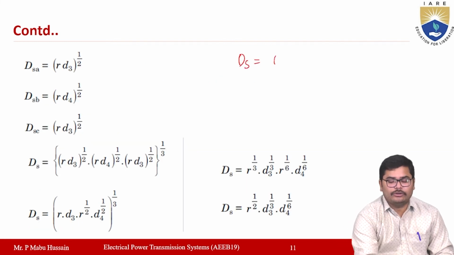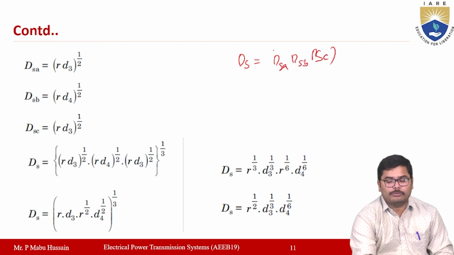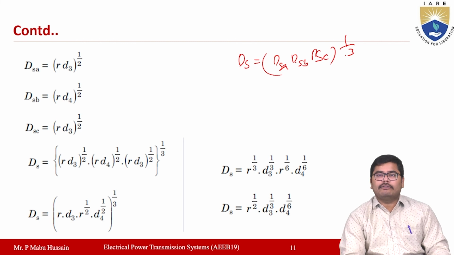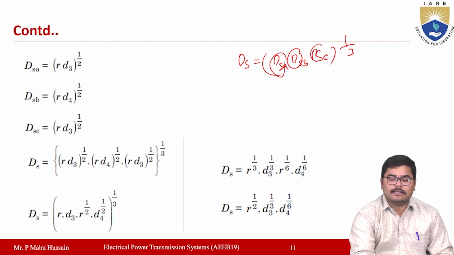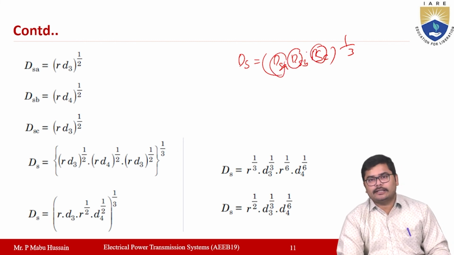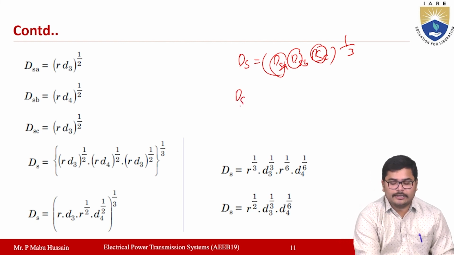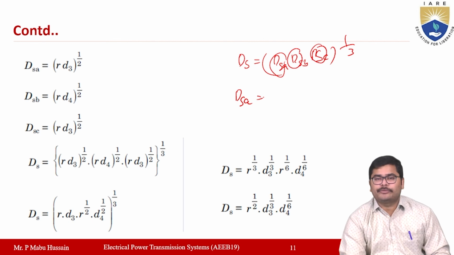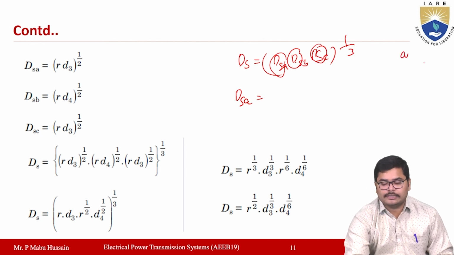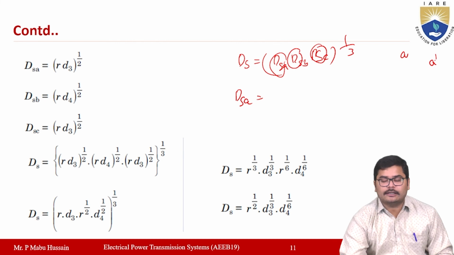DS is equal to (DSA DSB DSC) whole to the power of 1 by 3. Again here, DSA, DSB, DSC are the self GMDs by considering each phase, phase A, phase B, phase C. DSA here is the self GMD by considering phase A. Now phase A has A and A dash conductors.